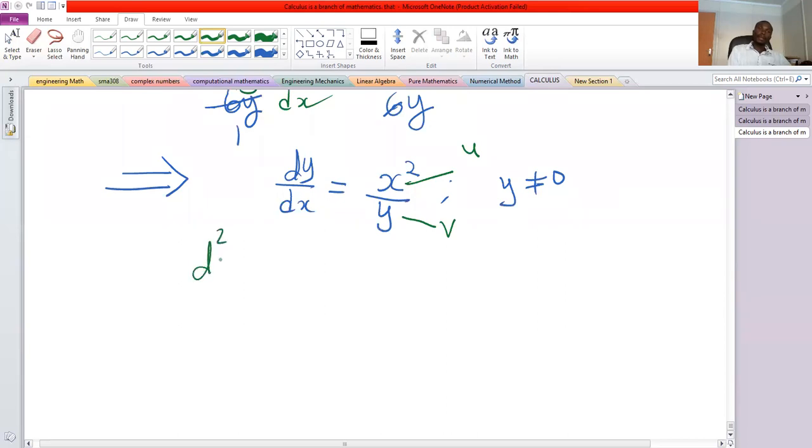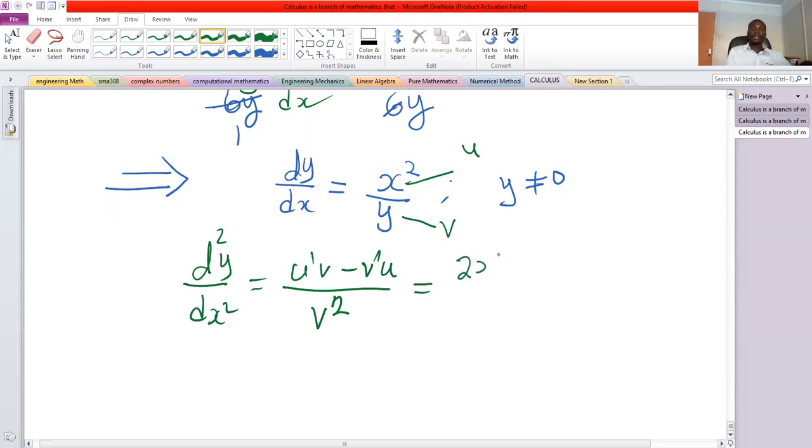So d squared y/dx squared will be (u prime v minus v prime u) over v squared, which will be u prime, differentiate this one with respect to x, you get 2x, and then multiply by v, 2xy, minus, differentiate this one with respect to y, you get 1 times dy/dx, so you have dy/dx, and then times u, which is x squared, and then divide by v squared, which is y squared.